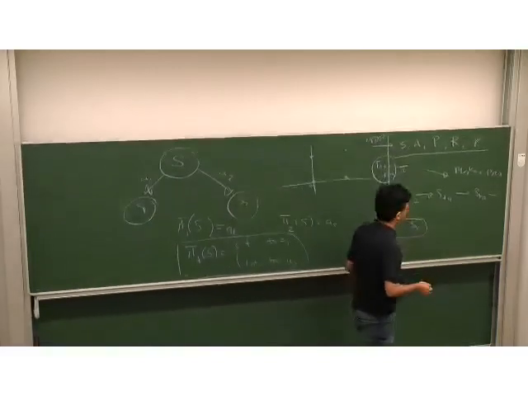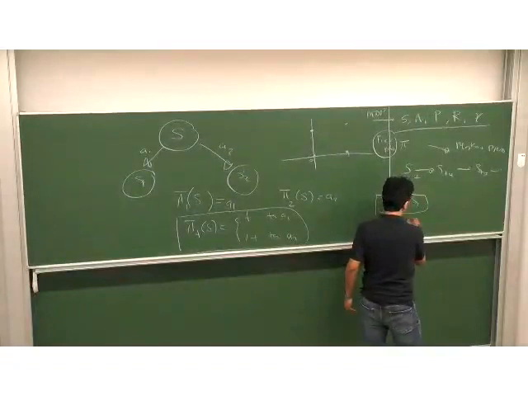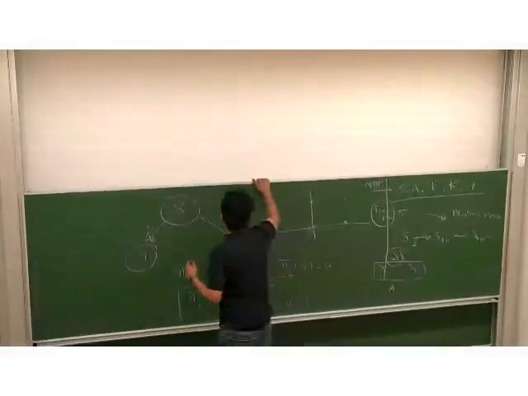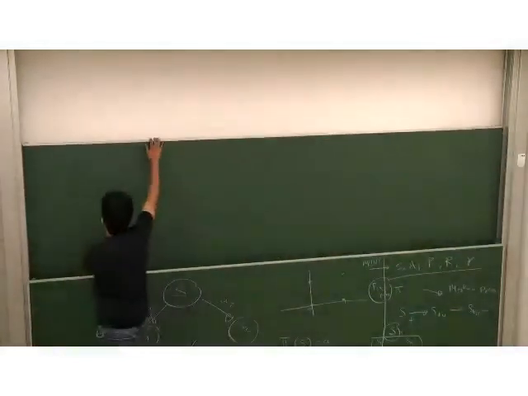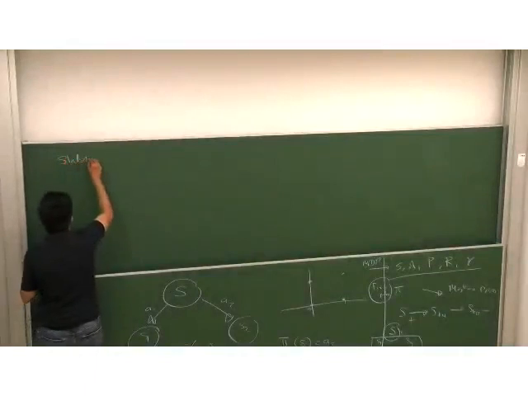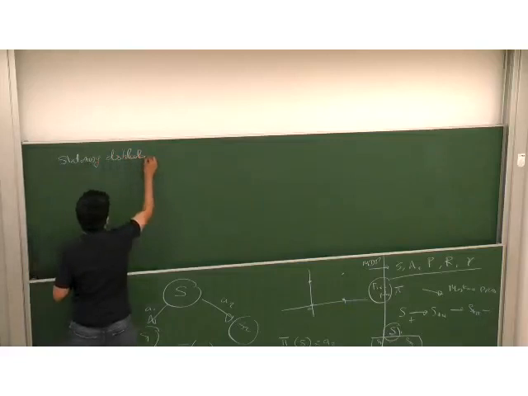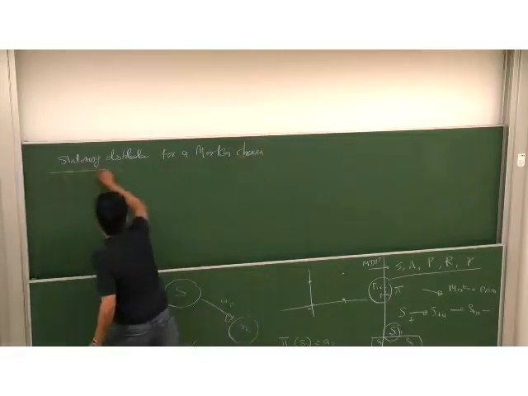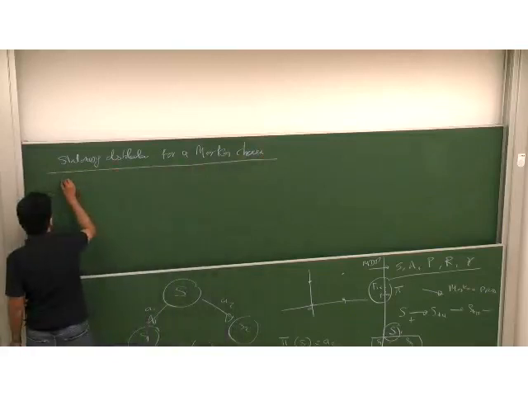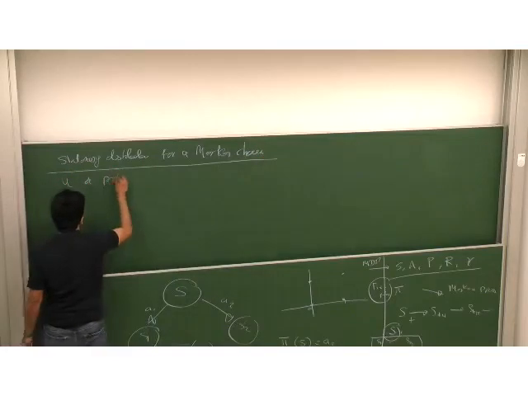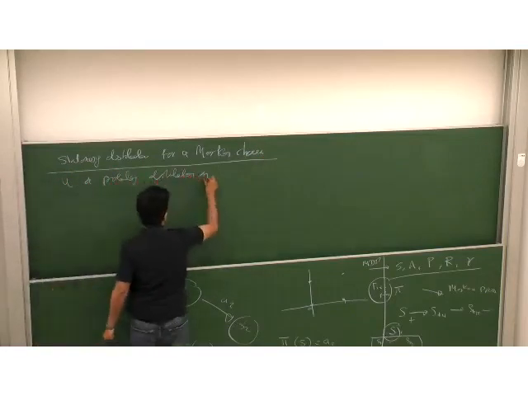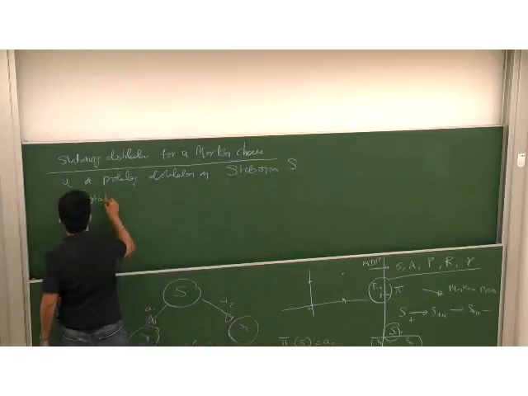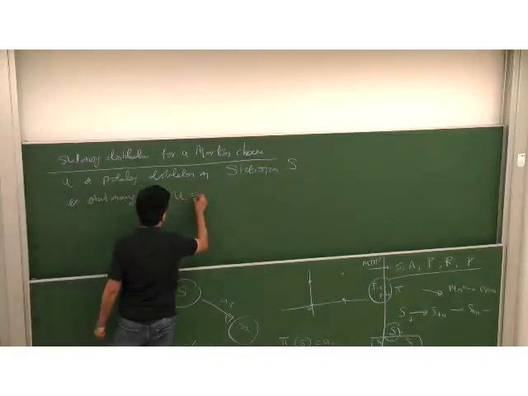And there can be more than one. A stationary distribution of a Markov chain is a probability distribution mu on the state space, stationary if mu equals p mu.